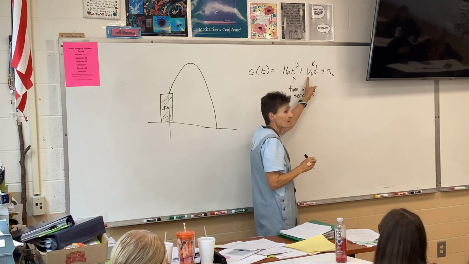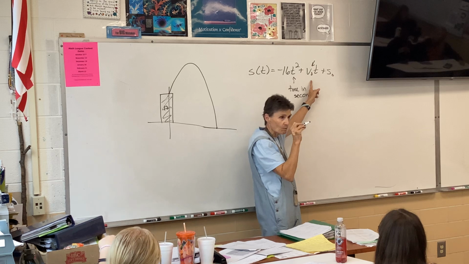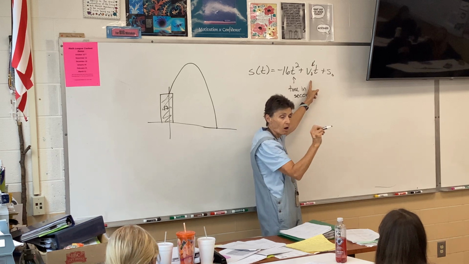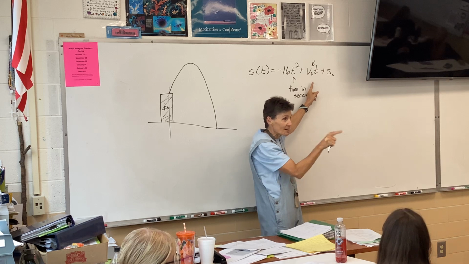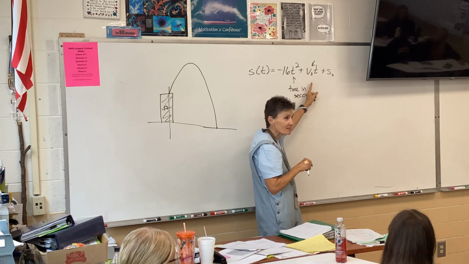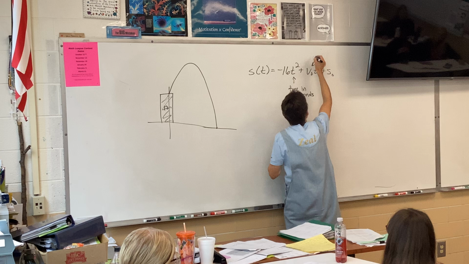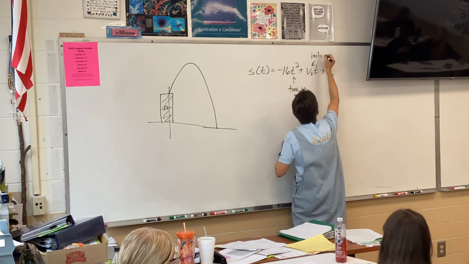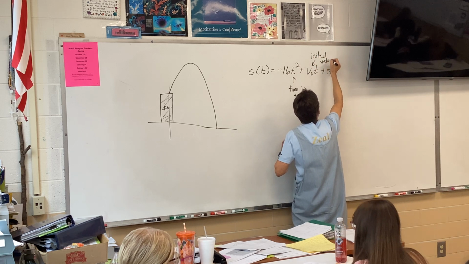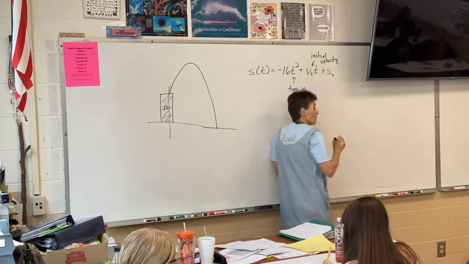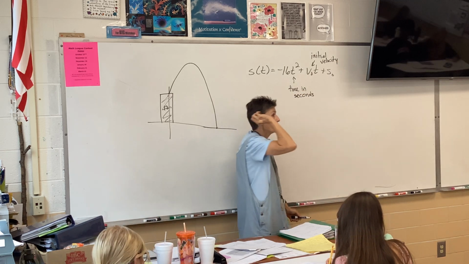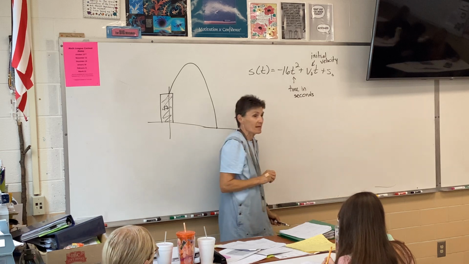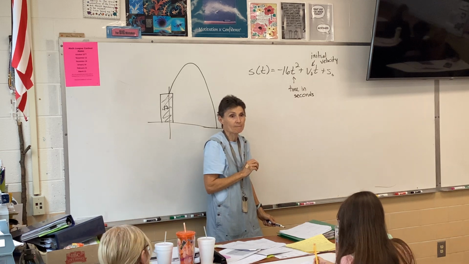Anybody know what this means? This is V sub naught. That's a 0. V sub naught. Anybody know what that means? This is the initial velocity. Very good. Are you a physics student? Yep. That's your initial velocity. So that is when I throw a ball, it's how fast it's going when it leaves my hand.